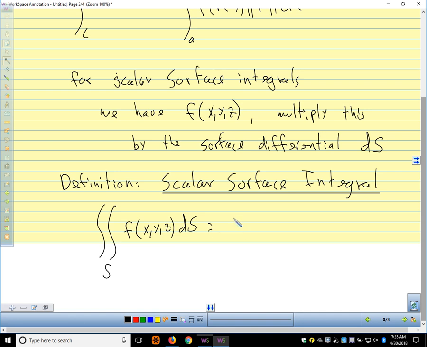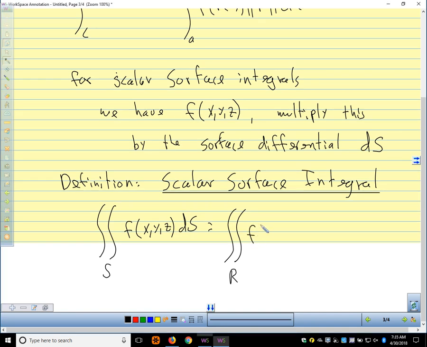And the way we're going to evaluate this is the double integral above some region in the uv plane, where we express f in terms of our parameterized surface, r of u v, times the magnitude of r sub u cross r sub v du dv. So we're making the exact same definition for a scalar surface integral that we did for a scalar line integral.